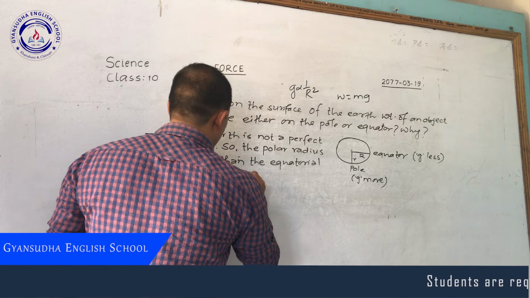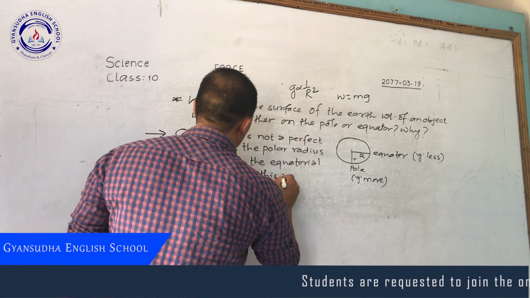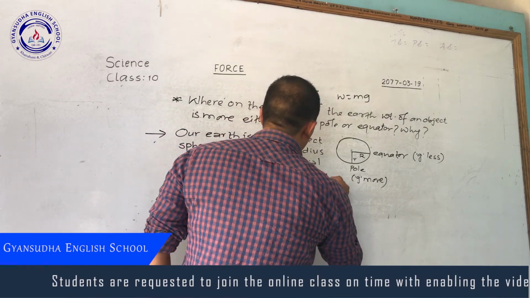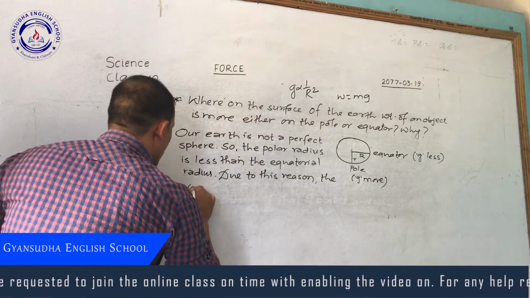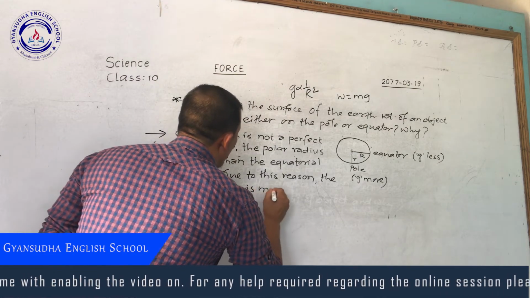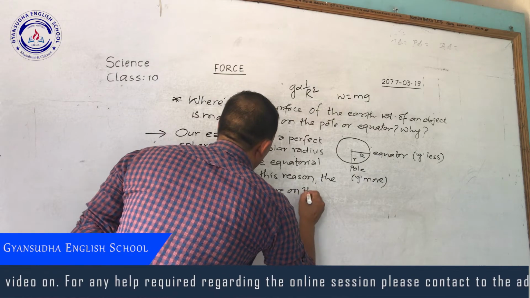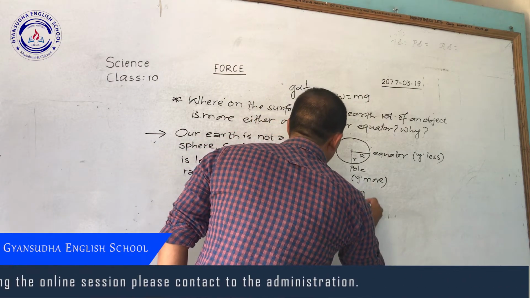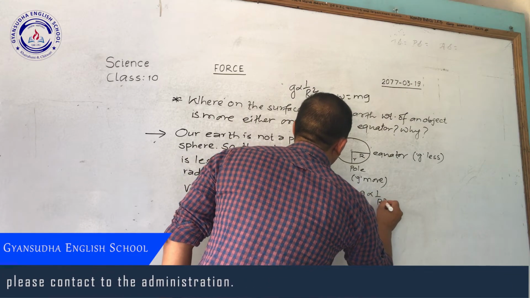Due to this reason, the value of g is more on the pole, as g is inversely proportional to square of radius.